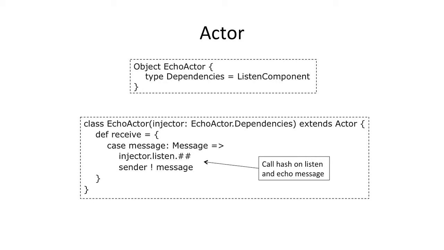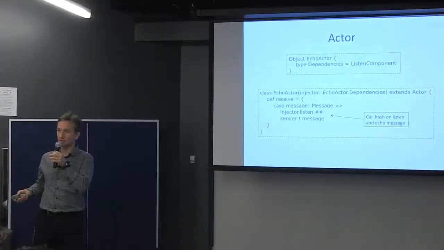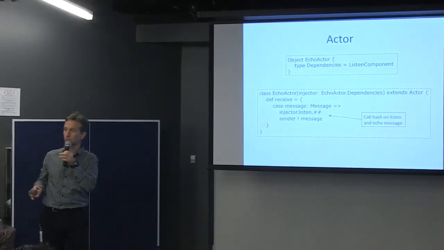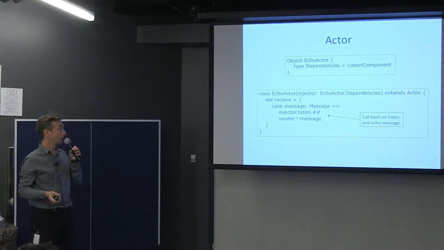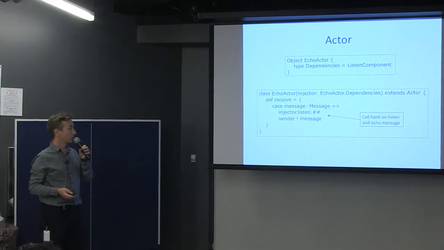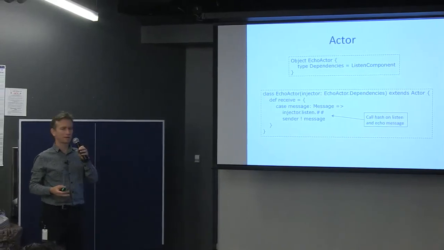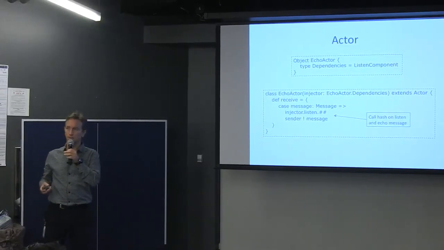Actors are a bit strange in many ways in Scala because we all like statically typed and type safety, but actually the actors that we use most of the time are not really typed at all. So it makes using the cake pattern with actors a little bit tricky.